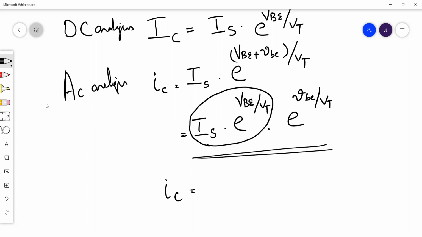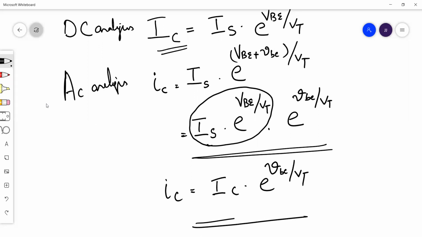IS into e raised to capital VBE by VT is the DC current, capital IC, into e raised to small VBE by VT. These are the two equations.